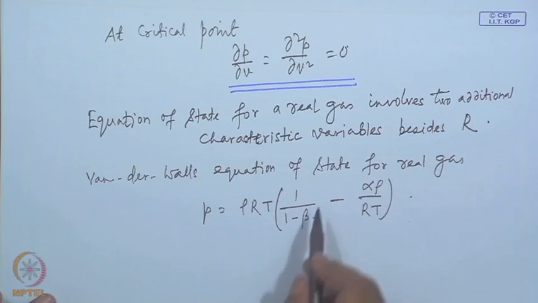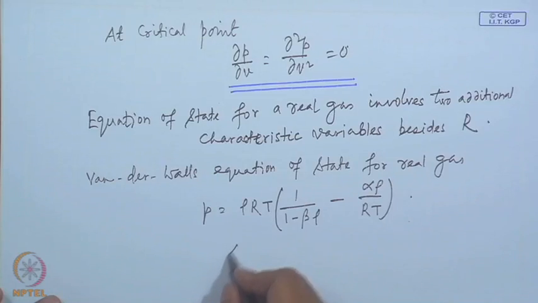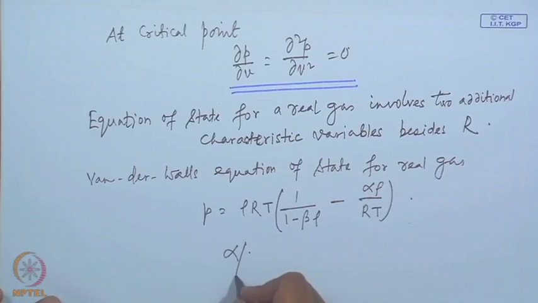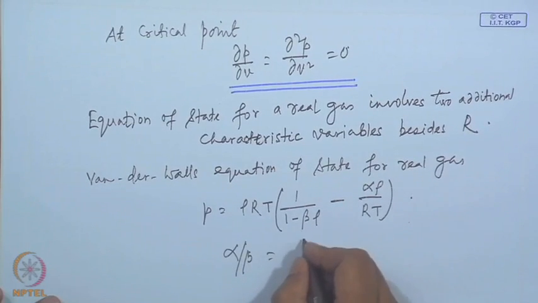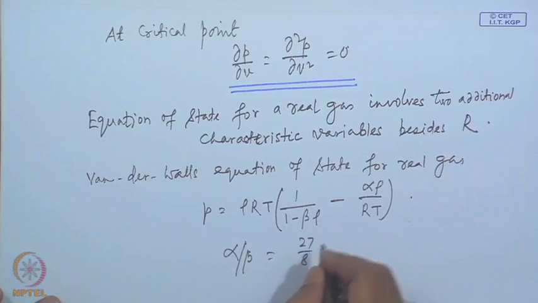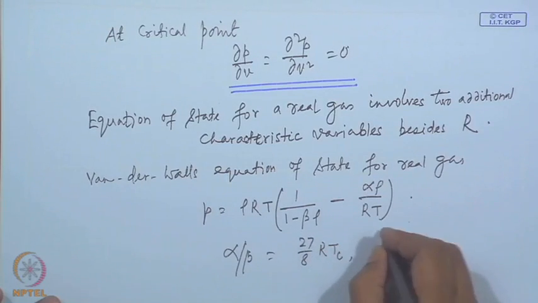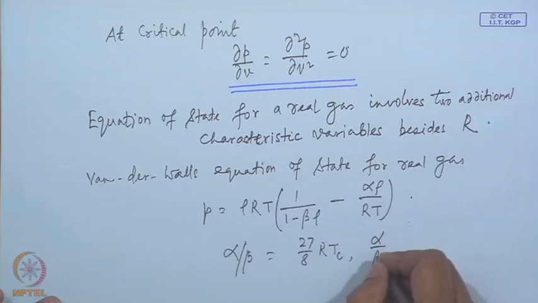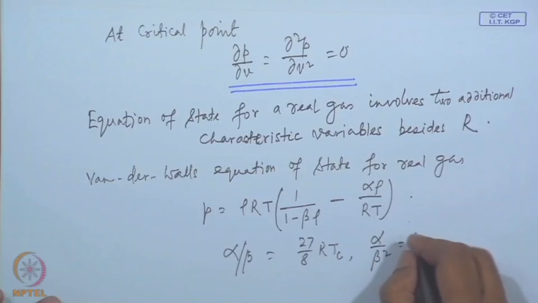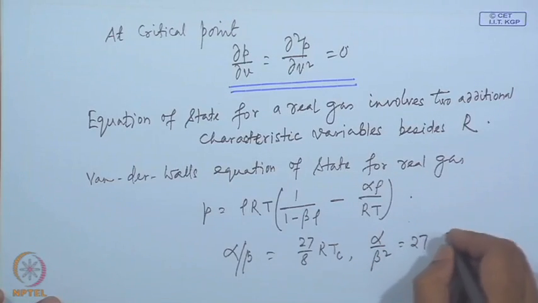And these two constants alpha and beta are given as alpha by beta is 27 by 8 R Tc, and alpha by beta square is 27 Pc.